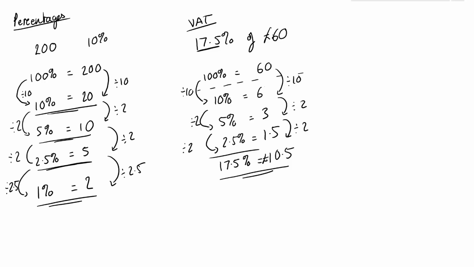And in that case, the full price would be the 60 plus the £10.50. So it would be £70.50. So this is how we would do it in a non-calculator paper.